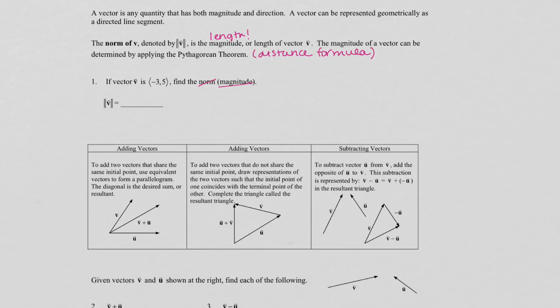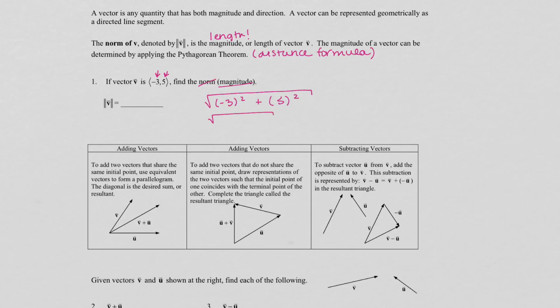So this is the square root of my change in x, which in this case is -3, so -3 squared, plus my change in y, which is 5 squared. That's our distance formula, right? It's an x value minus an x value squared plus a y value minus a y value squared. Well, they already did that subtraction for us, so we just put those two numbers under our square root sign.